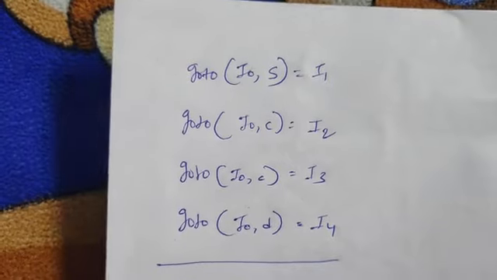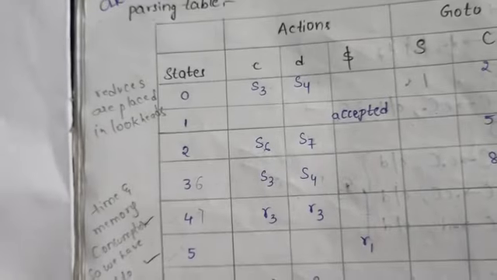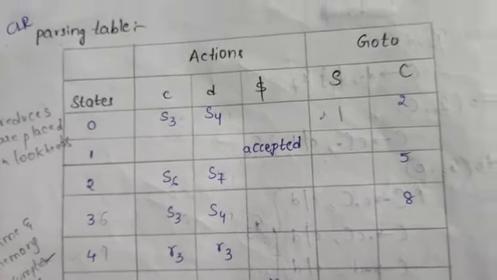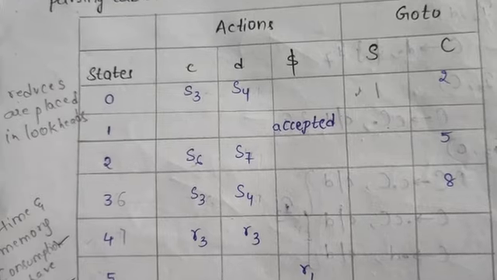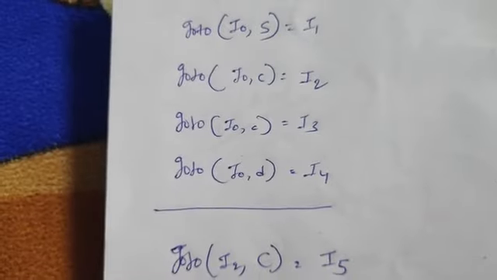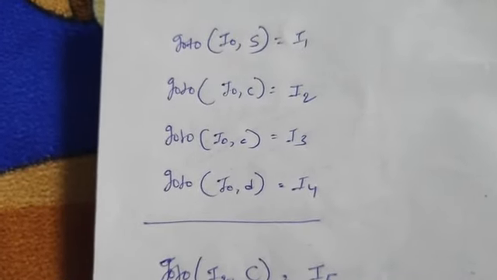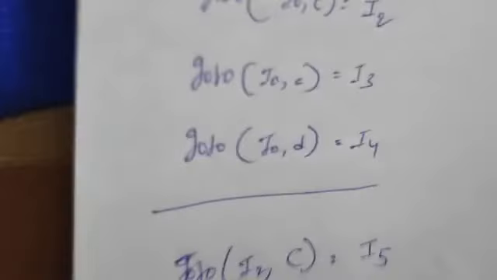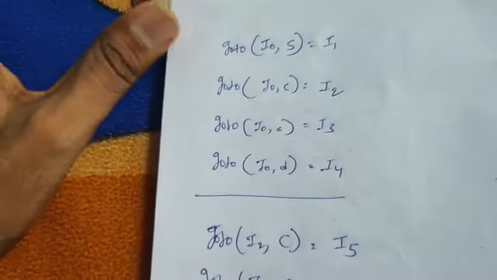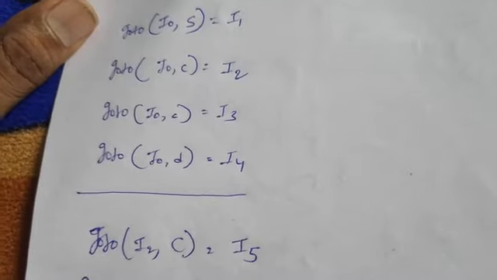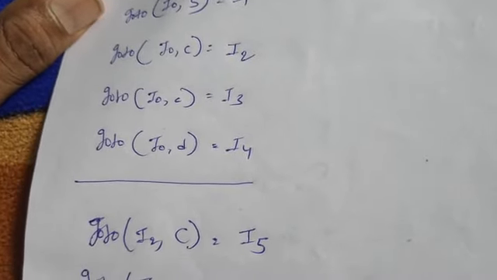In the first go to, I0 comma S equals I1. Whenever we are in the zeroth state and S comes, it is indicated by 1. In the go to statement, capital C goes to I2, so from state 0 with capital C it is I2. Small c goes to I3, and small d goes to I4.